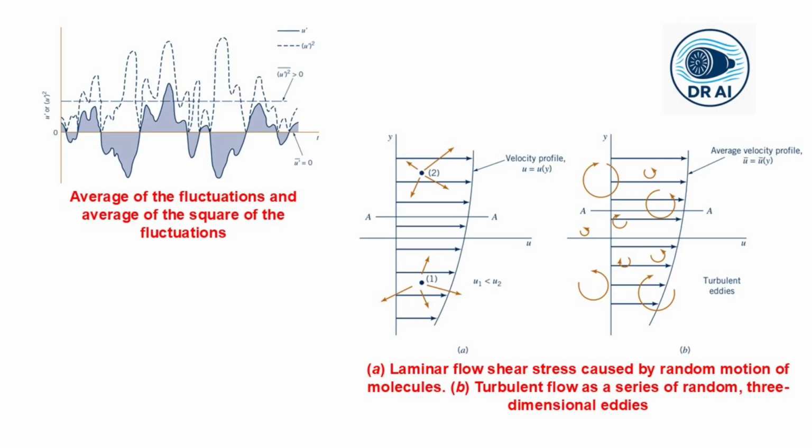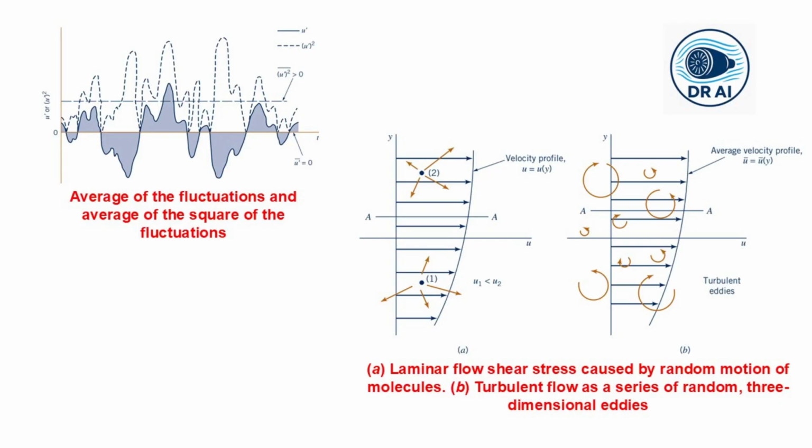Now, here is where we move from description to physics. In laminar flow, the shear stress came from a simple molecular scale process, molecules darting randomly across streamlines, carrying momentum with them. This gave us the equation tau equals mu du by dy.